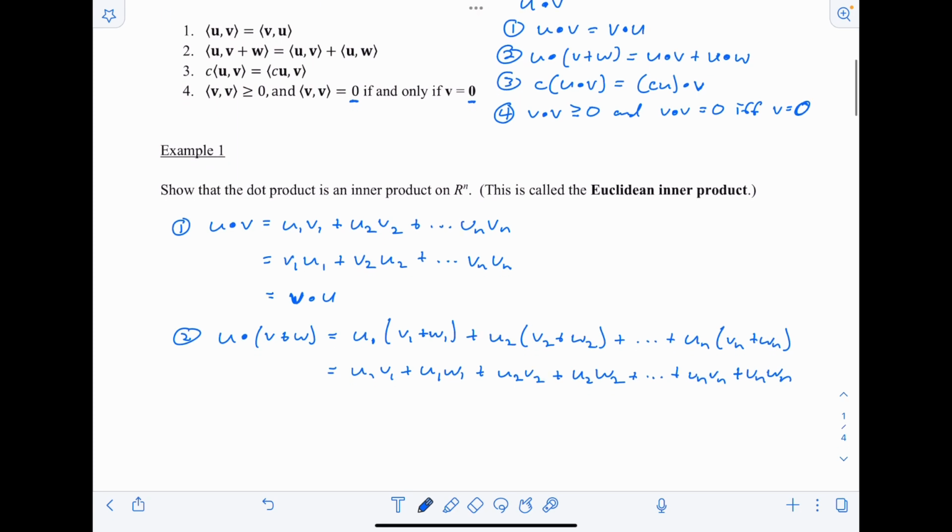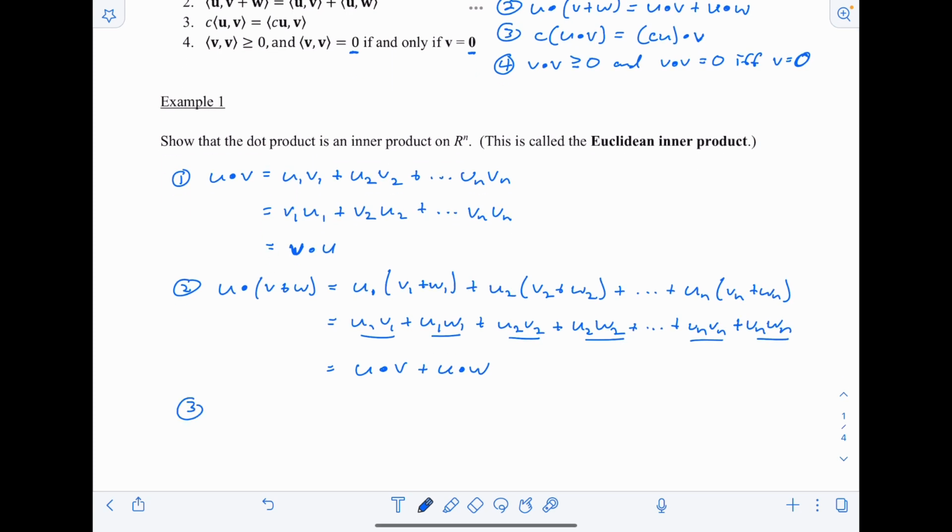If you notice, basically what we have is u1 v1, u2 v2, all the way up to un vn, that is the dot product of u and v. And then u1 w1, u2 w2, un wn is the dot product of u and w. So number 2 holds.